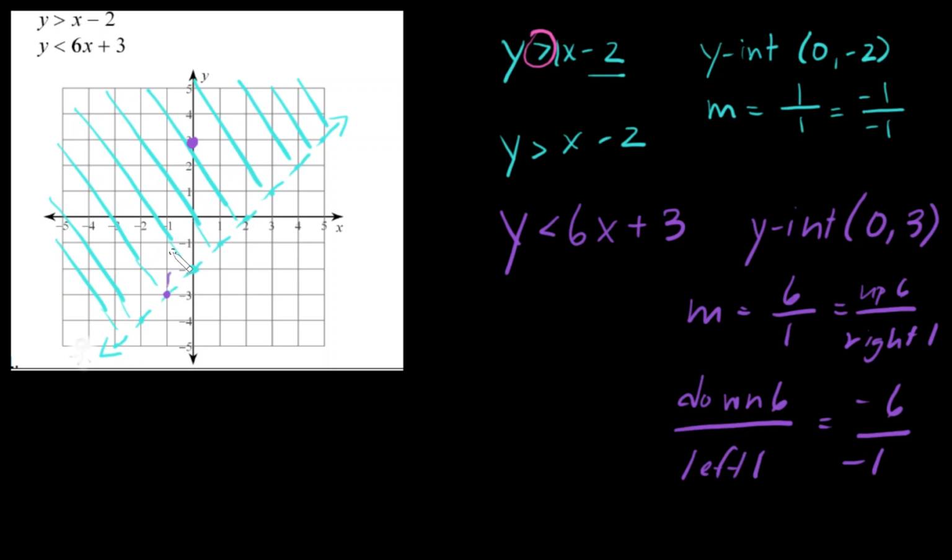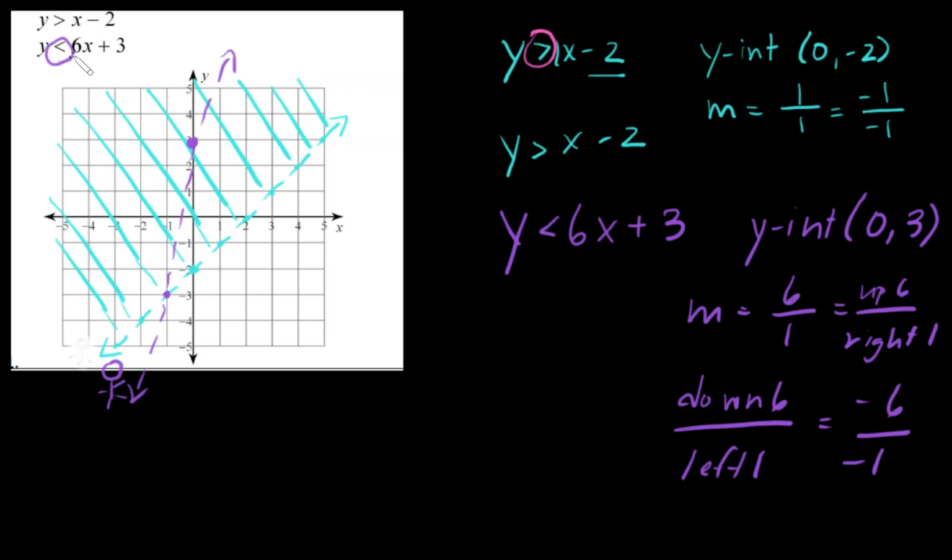Let's see if we could do this without a ruler. Something like that. Okay, the slope is pretty steep, but it is a positive slope, and if a guy is going up like this, we need to do less than.